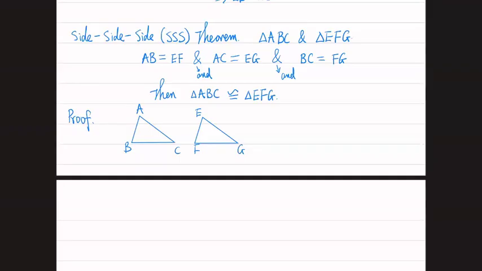Okay. To prove they are congruent, I'm going to make a copy of this triangle under this, with B the same as F, C with G. Because they have the same length, this makes the copy possible.